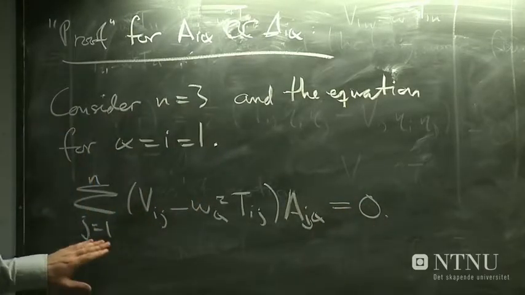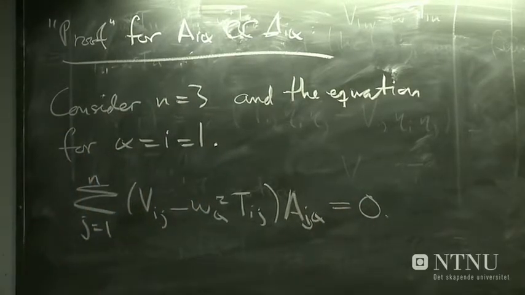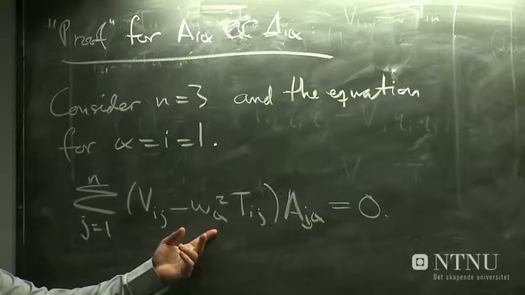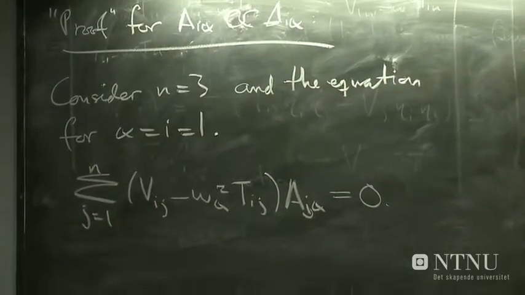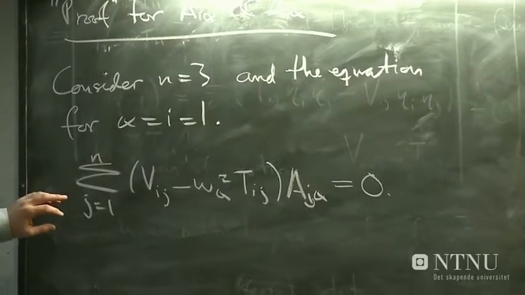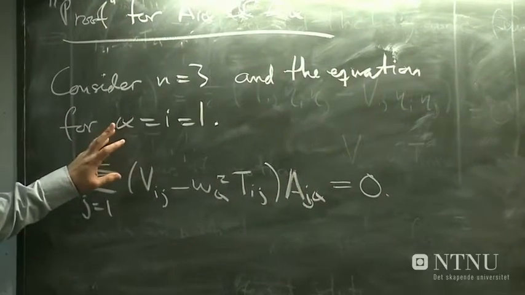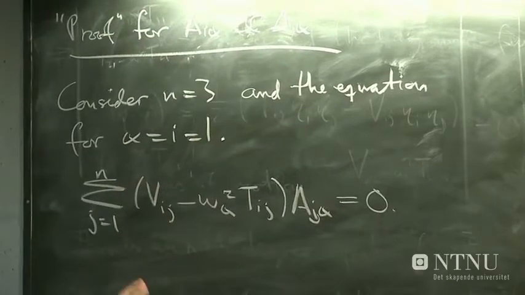So let me first write down the general form of the equation. I've now written out the sum explicitly over j. So this alpha is fixed. It's not a summation over alpha. So let's now consider the case where alpha and I are both equal to 1.